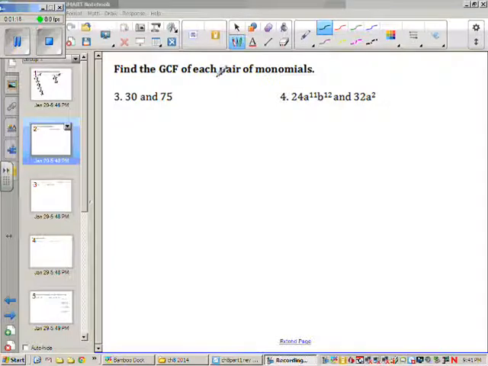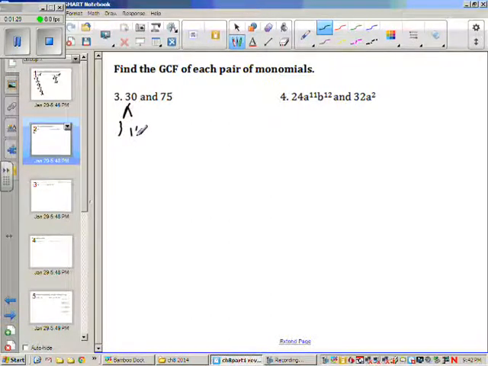Find the GCF, or greatest common factor, for each pair of monomials, in this case 30 and 75. The way I like to do this is to try to find the biggest number that can go in. I see that 3 and 10 work, and then 3 and 25. 10 can factor into a 2 and a 5, and 25 is a 5 and a 5.